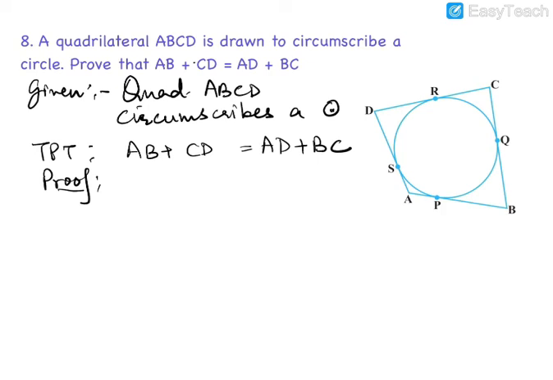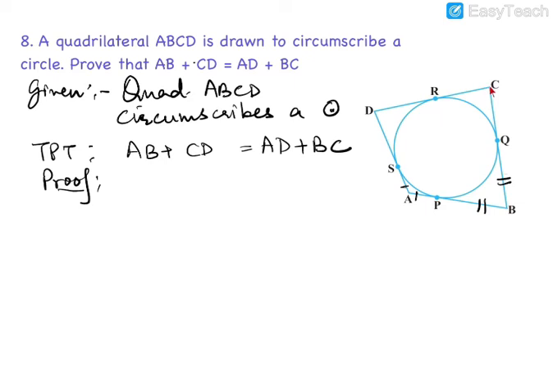So from point A, we have a tangent AP and tangent AS to the same circle. So AP will be equal to AS. Similarly, from point B, we have two tangents BP and BQ. So BP will be equal to BQ.